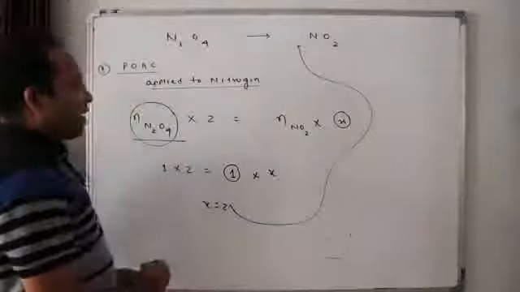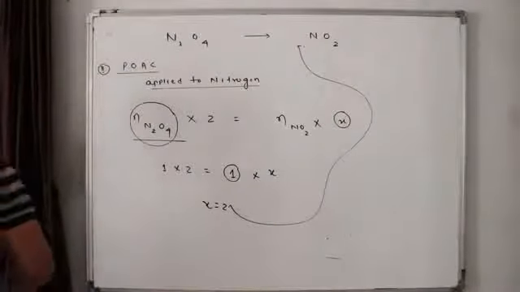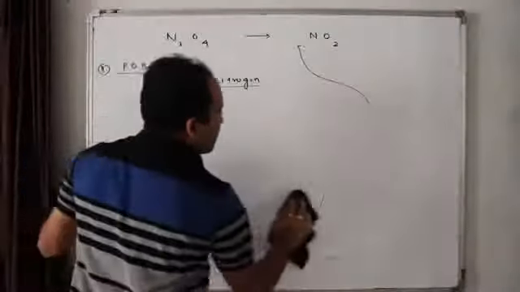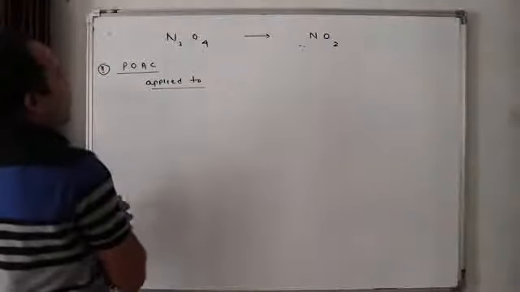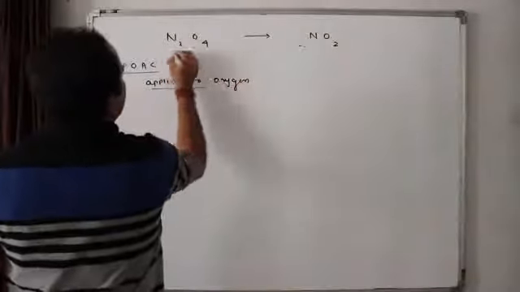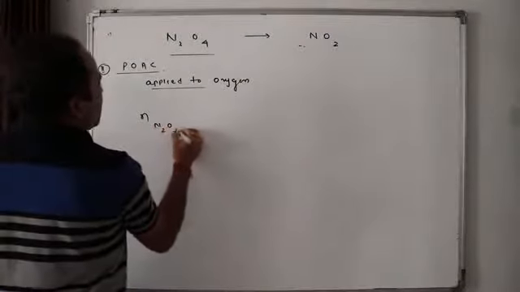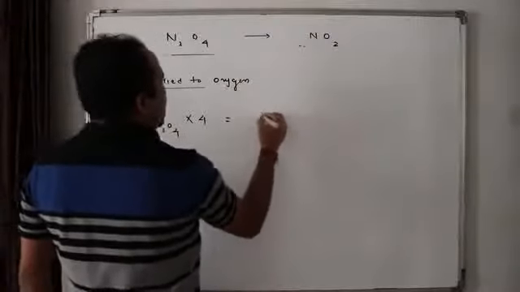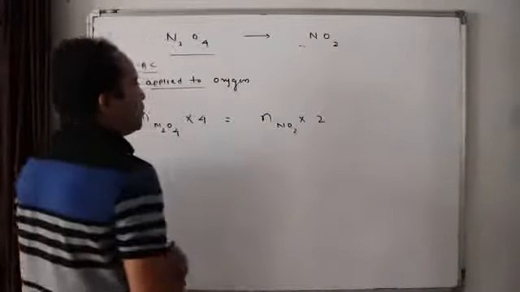Same thing I can do for oxygen also. How can I do it for oxygen? Now apply it to oxygen. Number of moles of N2O4 into atoms of oxygen 4 is equal to number of moles of NO2 into atoms of oxygen, how many? 2.